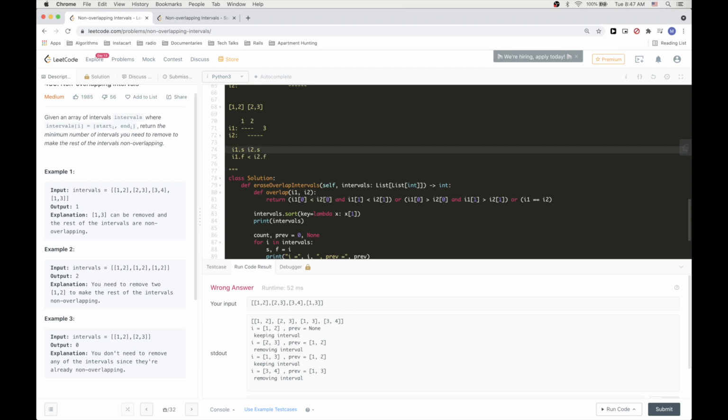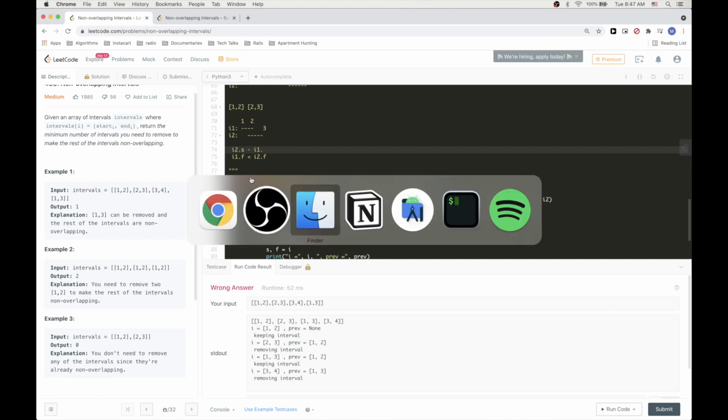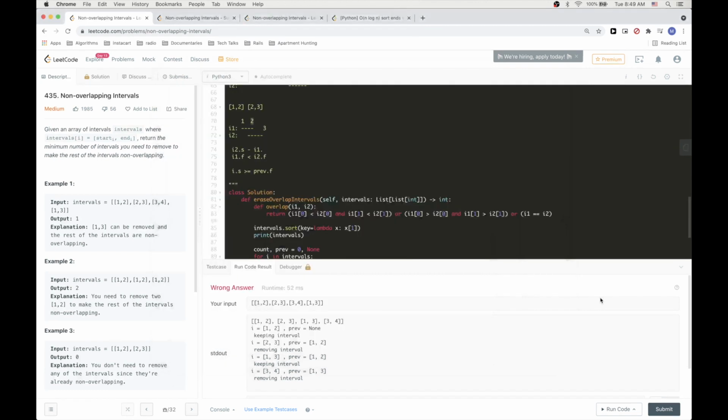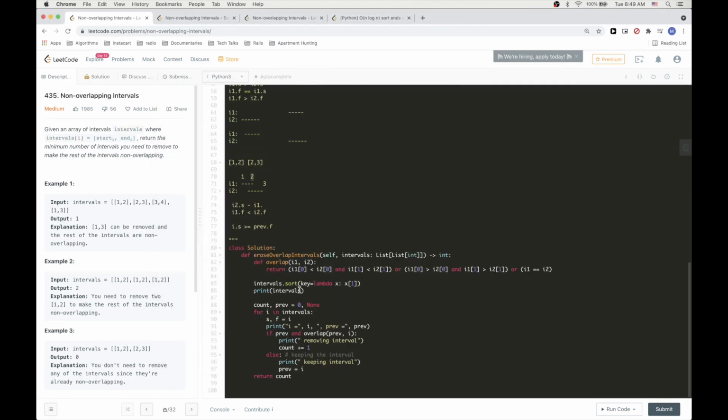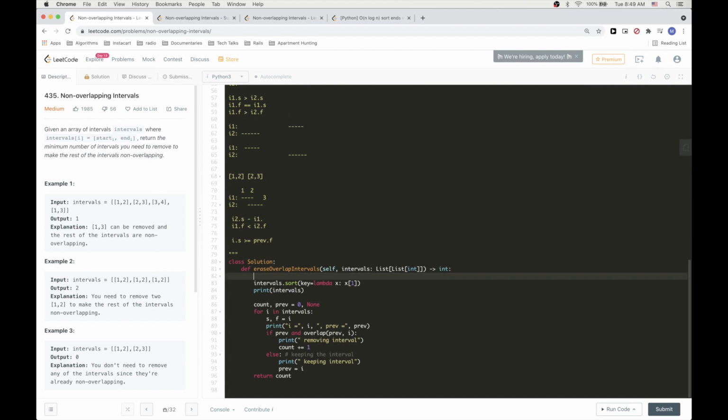We need to say that minus, yeah, that's a little bit complicated. It should actually be a lot simpler than this.